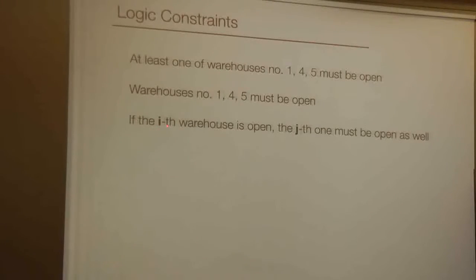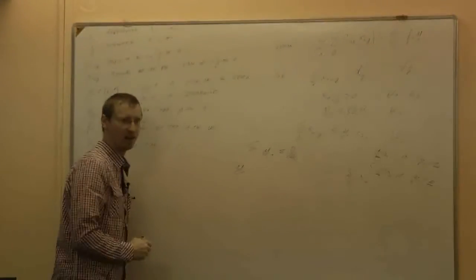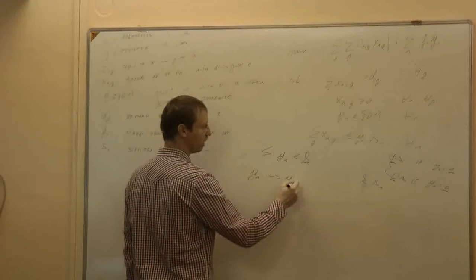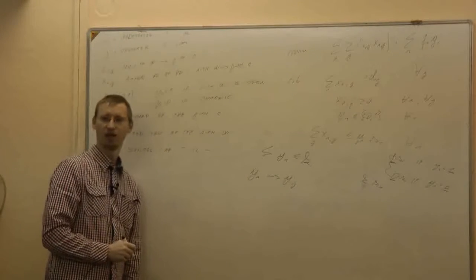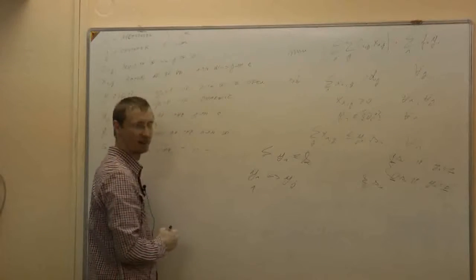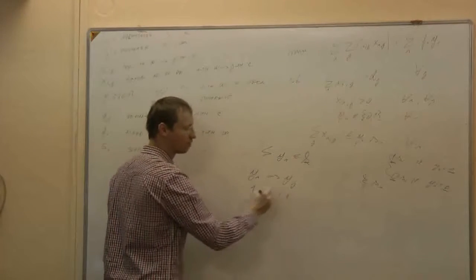If the i's warehouse is open, then the j's one must be open as well. Notice that here we are only using the if statement. We are not using the if and only if statement. So essentially what we are saying is, if the i's warehouse is open, so must be the j's warehouse. But it does not say, so essentially what it means is that if this is 1, this must be 1 as well.